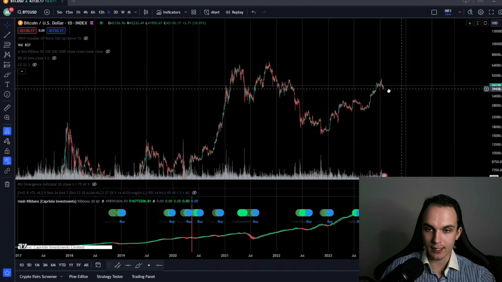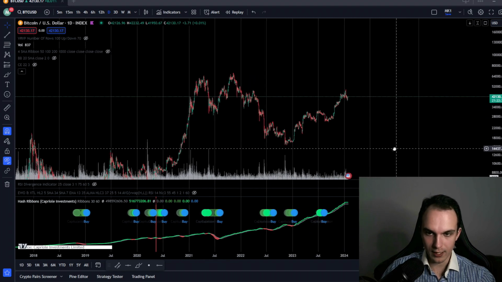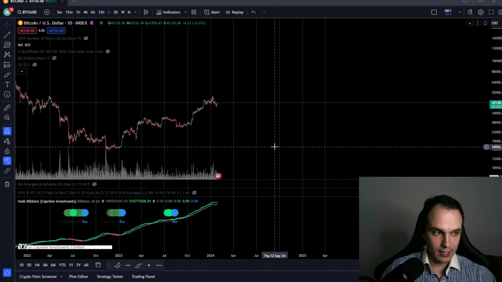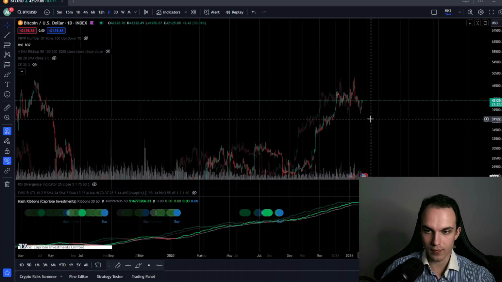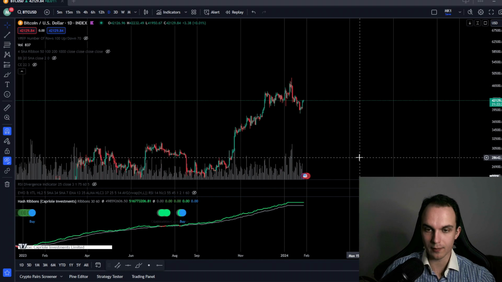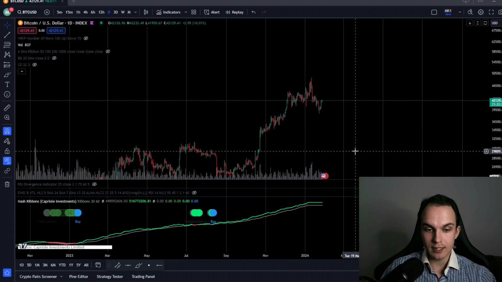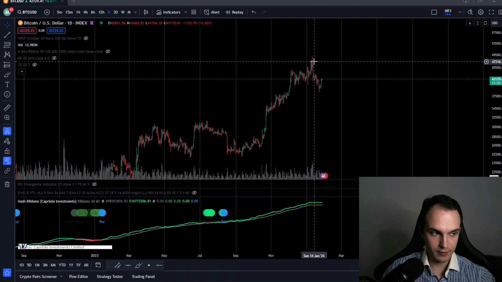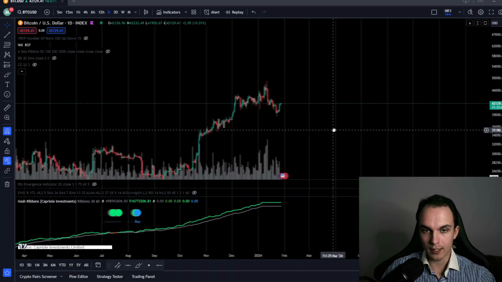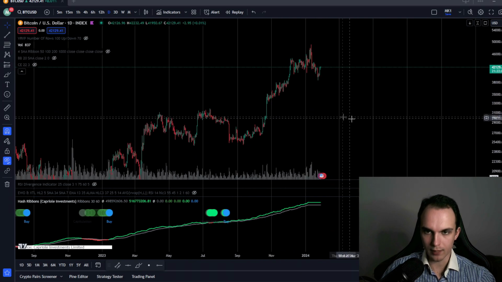This potential is also confirmed by the fact that just recently ETF funds for Bitcoin were adopted. Meaning Bitcoin began to be traded on Wall Street, on the American stock exchange, and such large companies as BlackRock, Fidelity, Invesco purchased an enormous amount.